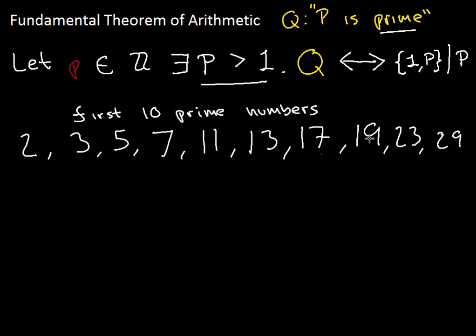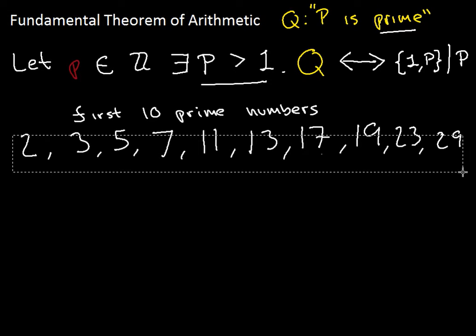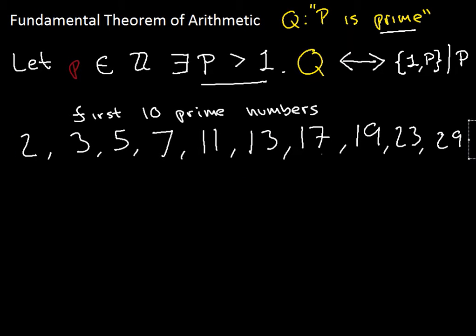So 27 wasn't prime because it was made up of a prime number times something else. So as long as the number cannot be made up of any of these numbers or the numbers after it, then the number is prime.